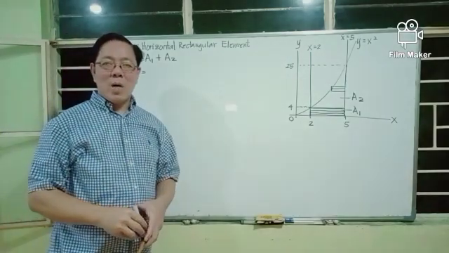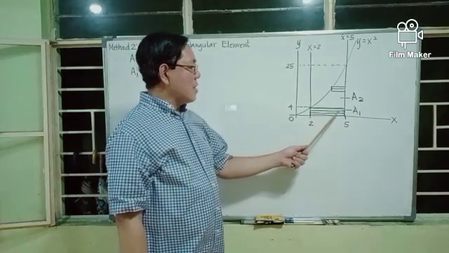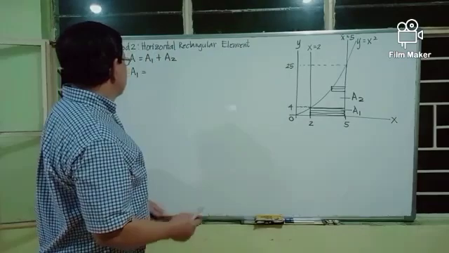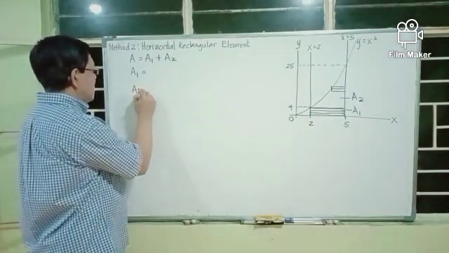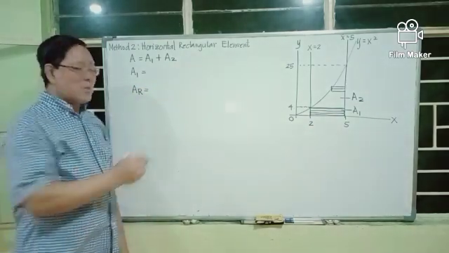And we start with A1. Again, we find the area of this rectangular element taken in A1. The area of the rectangle, by the basic formula, is length times width.